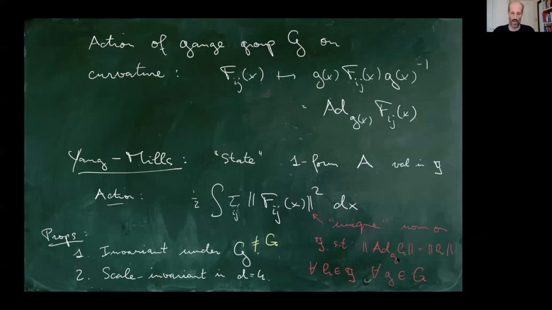But the way in which it acts on the curvature is simply by pointwise conjugation, right? That's what we've seen here. And therefore, as you say, it's trivial that this quantity is invariant, because simply at every point X, this quantity here is invariant under this action here.